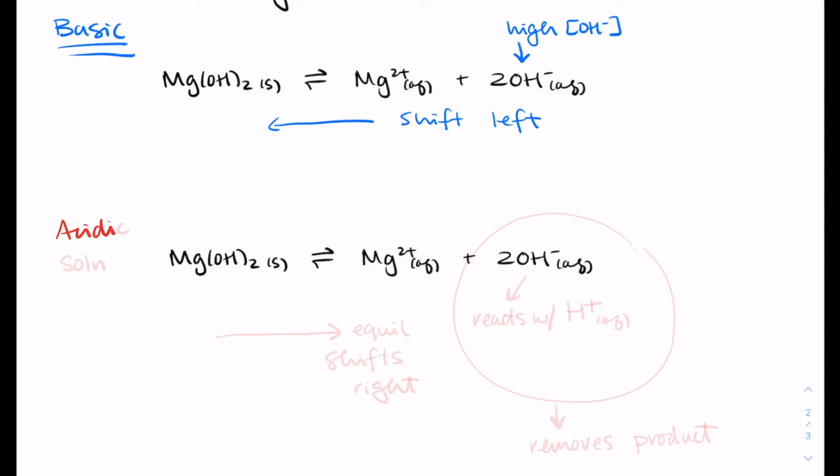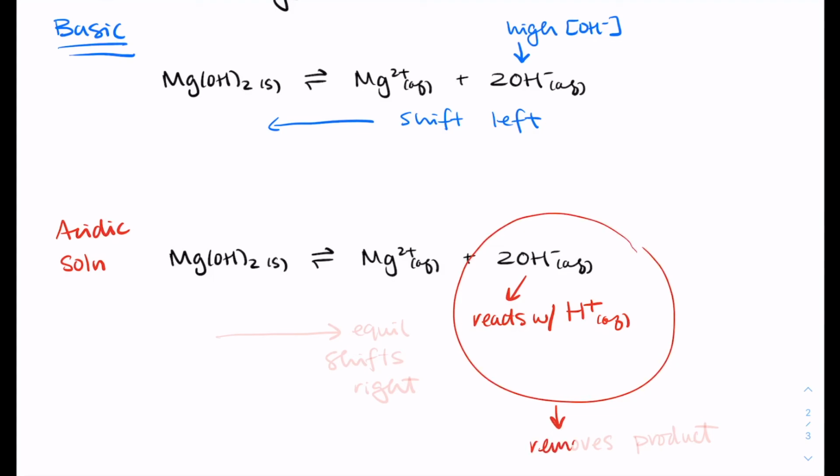Now, magnesium hydroxide in an acidic solution, my base reaction is the same. It's still the magnesium hydroxide in equilibrium with the cation and anion. Now, if my solution is acidic, that means I have H plus around. Well, we know from many practice problems at this point that acids and bases react with each other.